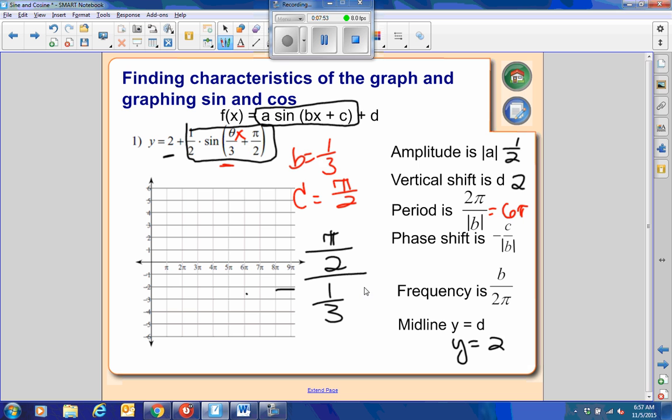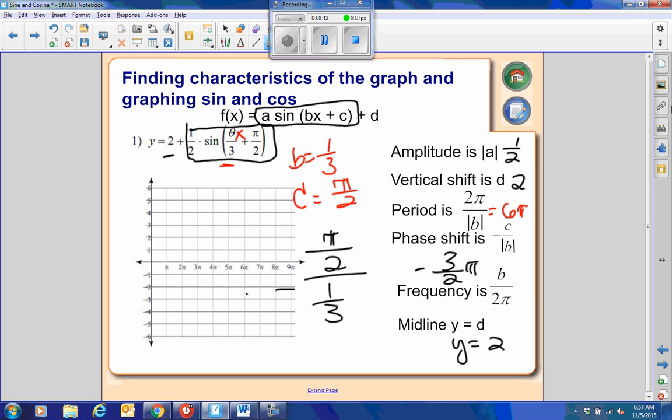When I put that in my calculator, I get negative 3/2 pi. So the original graph is moving in a negative direction, 3/2 pi.